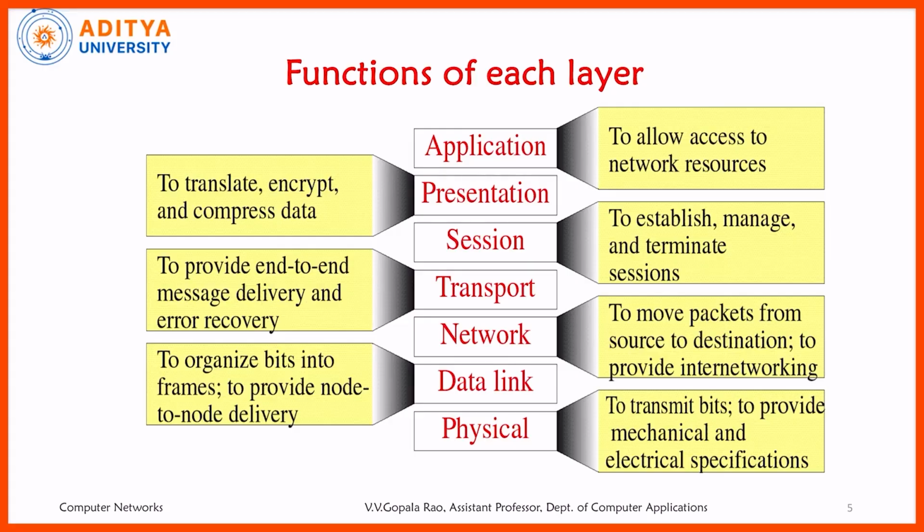Because if you receive a message which is full of errors, then what is the use of that? It is no use. So that is why the transport layer is responsible for seeing that whatever message is carried and transmitted should be done in an errorless way. So that is why the transport layer has a very vital responsibility in the overall scenario.